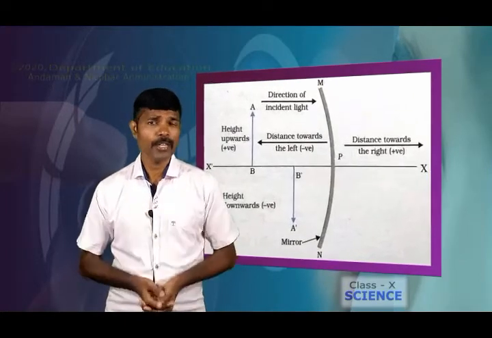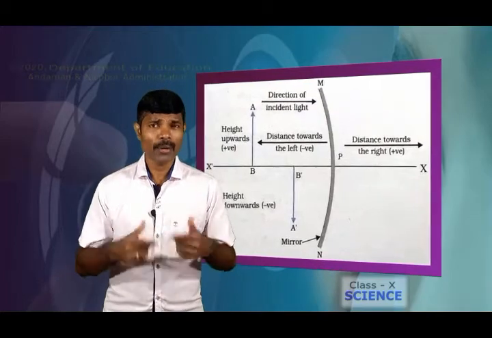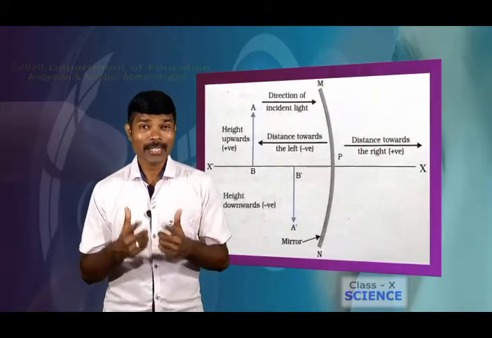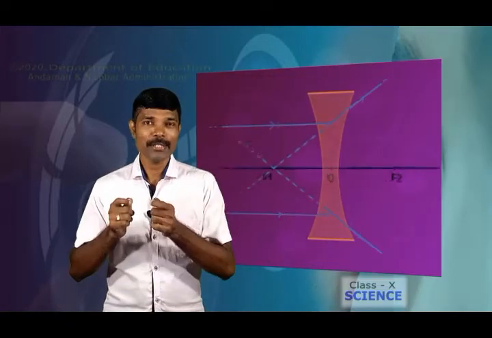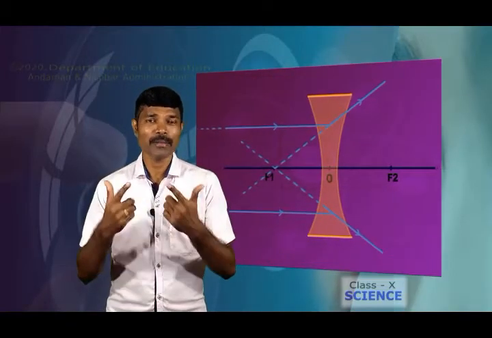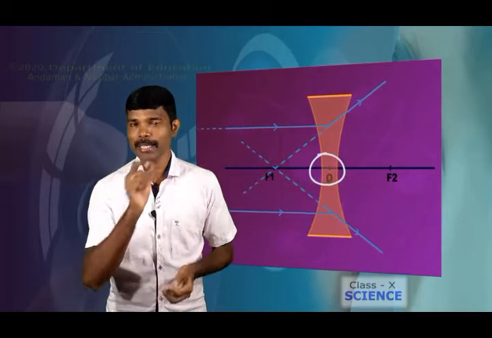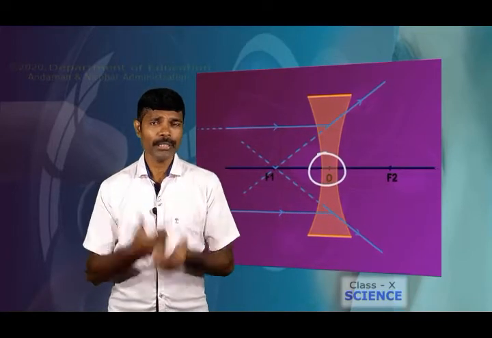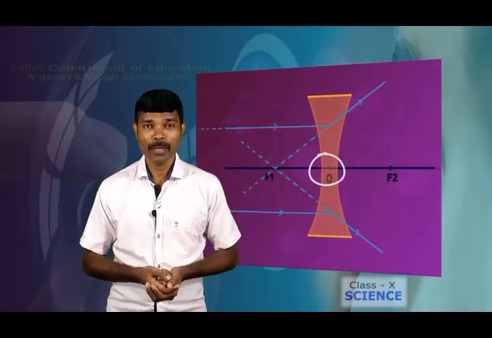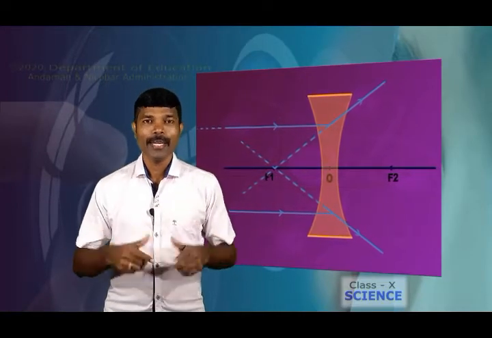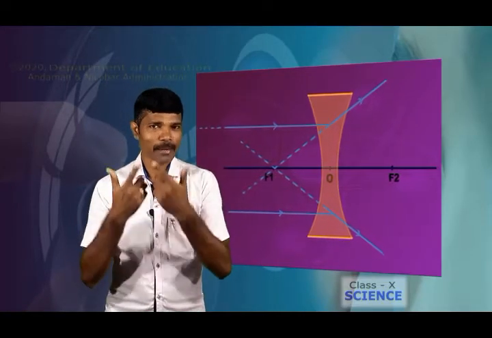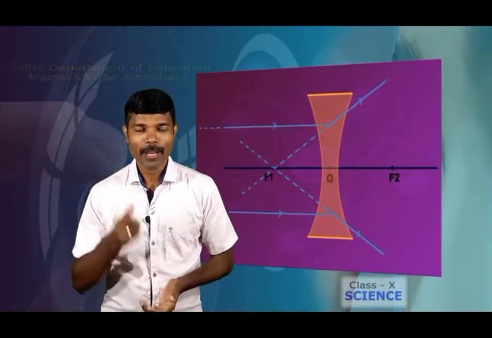The same sign convention we will use for lens also, but the only difference is that in the mirror case we took distances from the pole. Here, we will take all the measurements starting from the optical center. If you know all those things, we can solve the numerical problems and you can understand the related formulas in a better way.